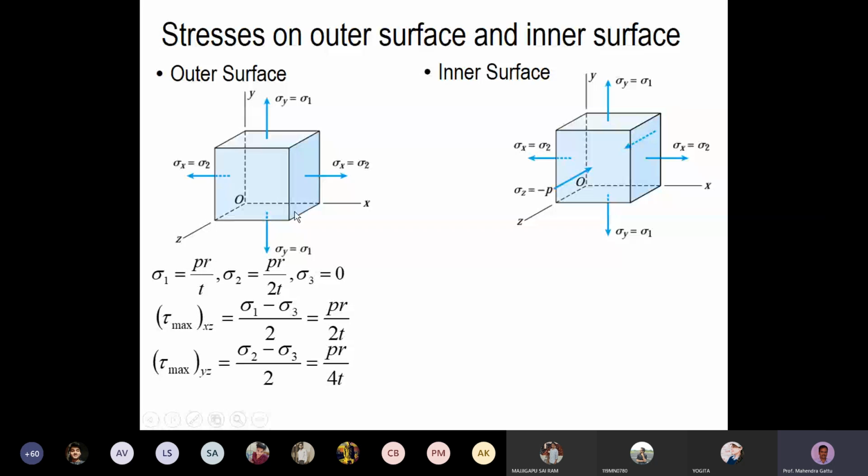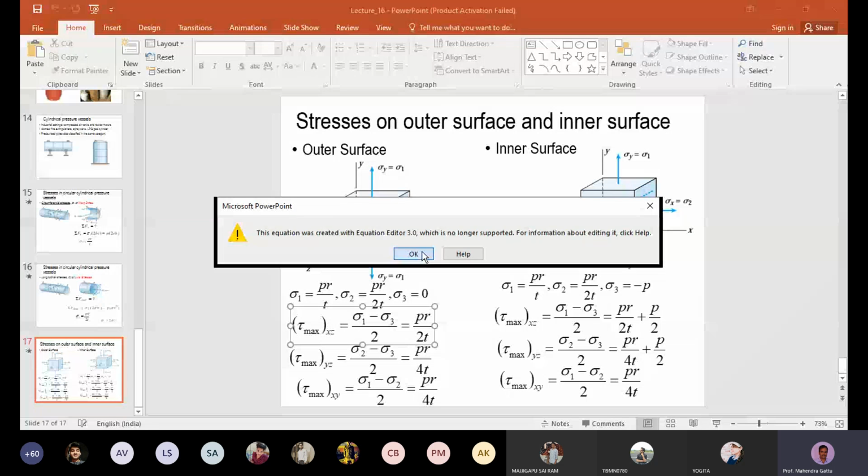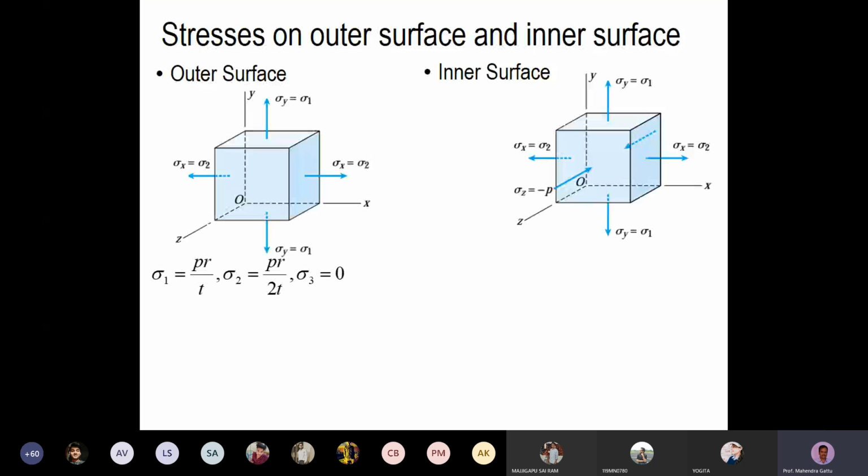Yeah, so it will be sigma 2 minus sigma 3. So what we have to do is change the things. This error here, I'll correct it. I can't correct it now. So there is a small correction.